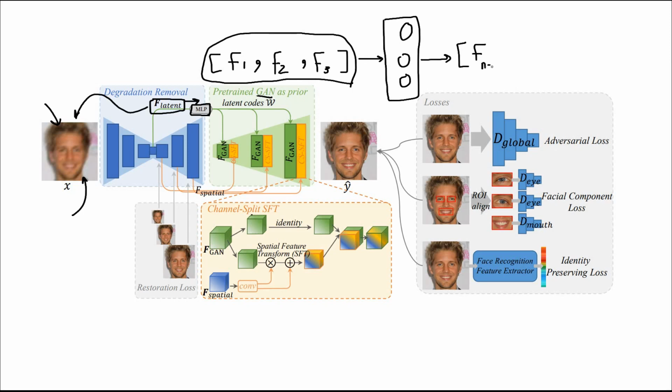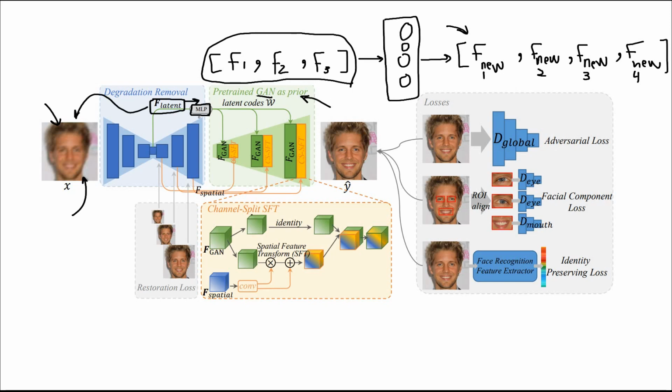Here is the first feature, the second feature, like this. Let's say that our StyleGAN expects the input to be a feature vector with 4 values, 4 features.